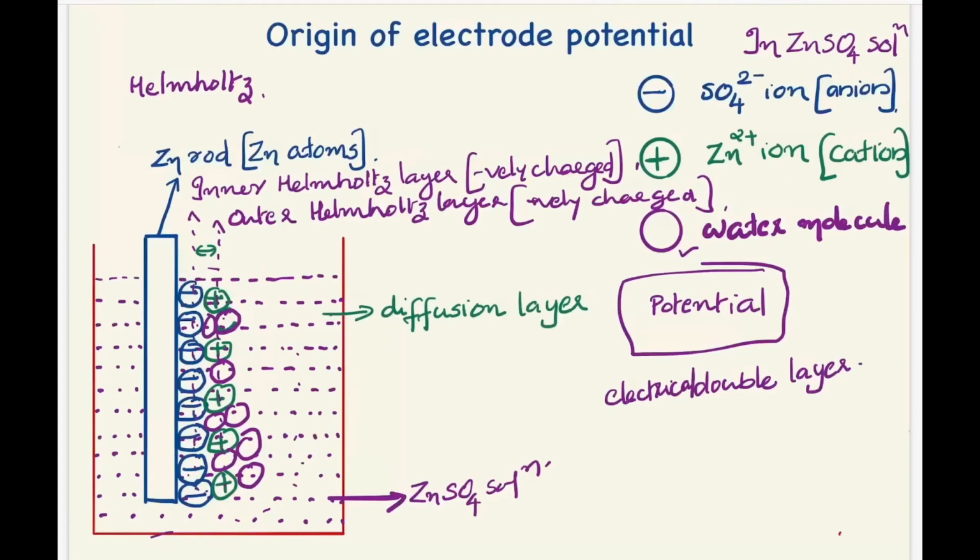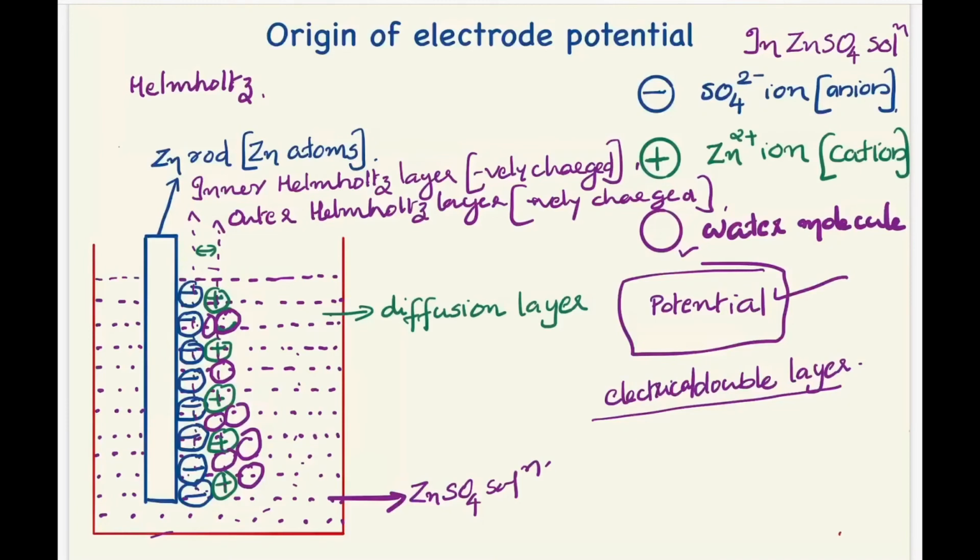So we give a name for these layers as electrical double layer. So electrical double layer contains one inner Helmholtz layer and one outer Helmholtz layer. Both layers have different or opposite charge, and they are separated by a distance, so potential will develop. This is the reason why a single electrode gets its own potential.